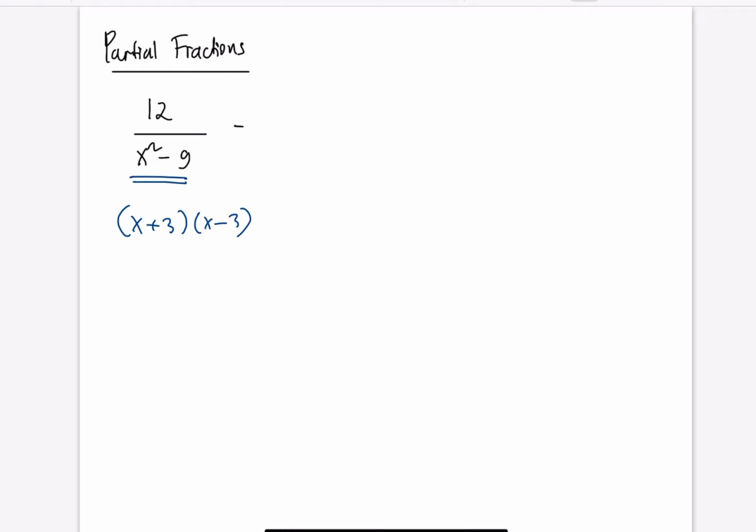So I can write this as composed of x plus 3 and x minus 3, and the top should be a constant, a or b.